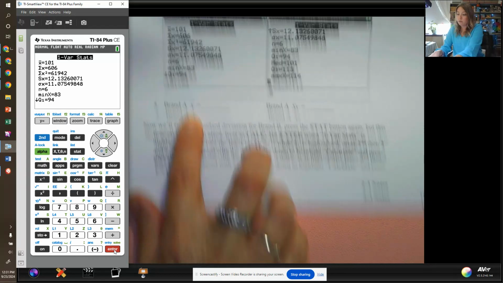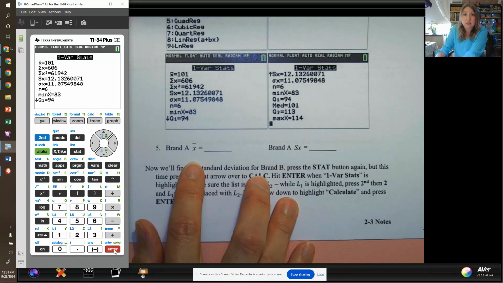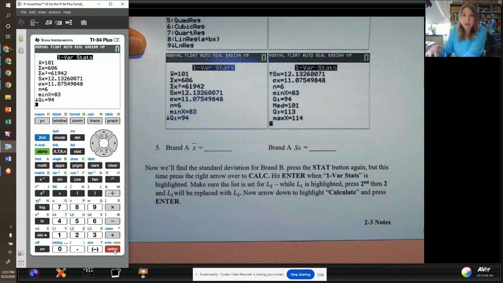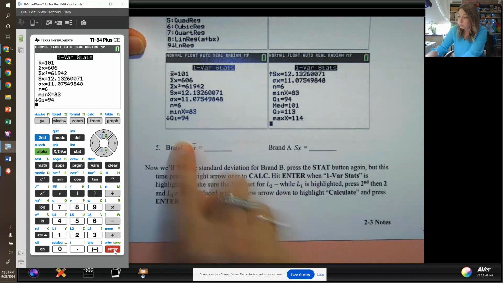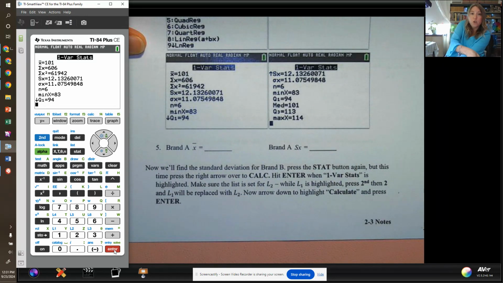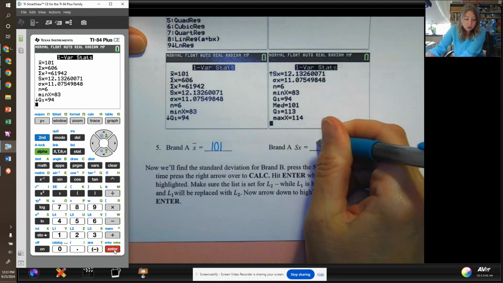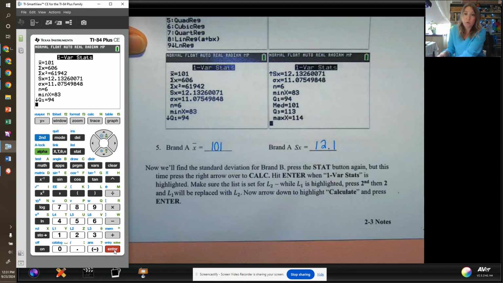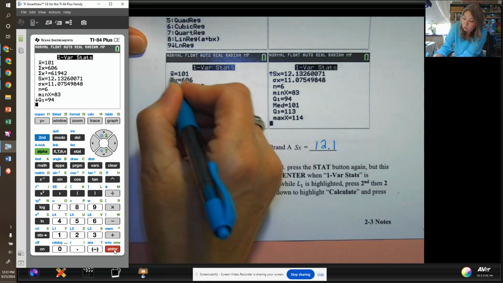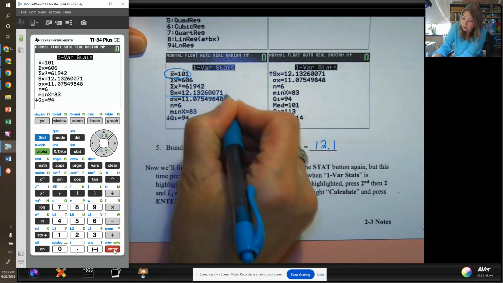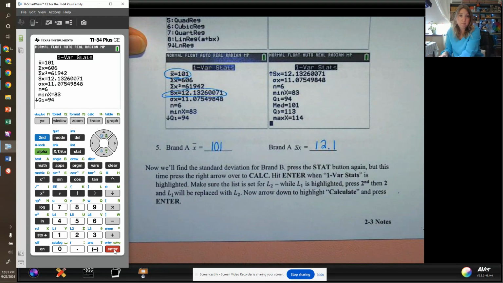I do have my graphing calculator screens that I just showed you for brand A and brand B. This wants me to recopy brand A's stuff, which I still have on my paper right here. So I'm just copying it from here. You can just copy me since you're following along. 101 and 12.1 is what I'd like you to write down. And you can see those values here and here on the graphing calculator screen.